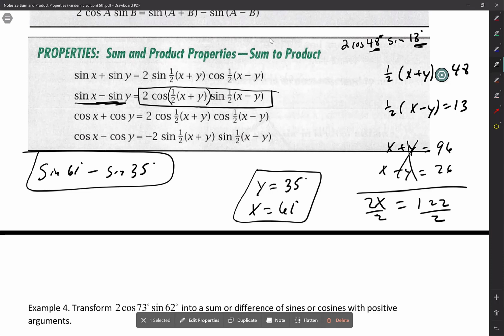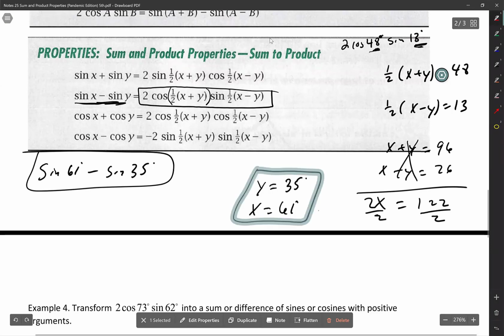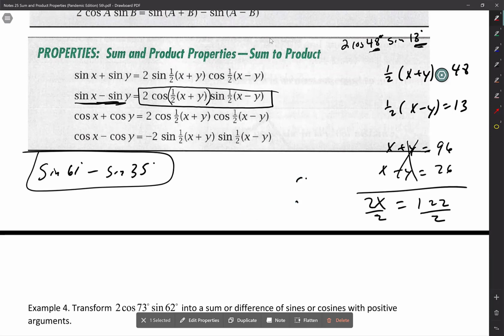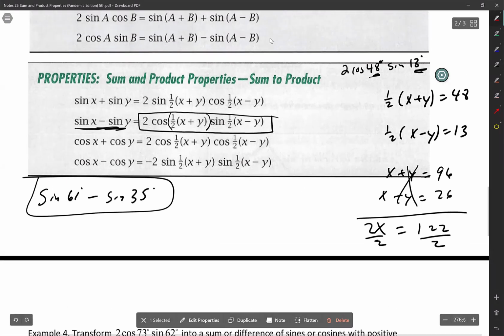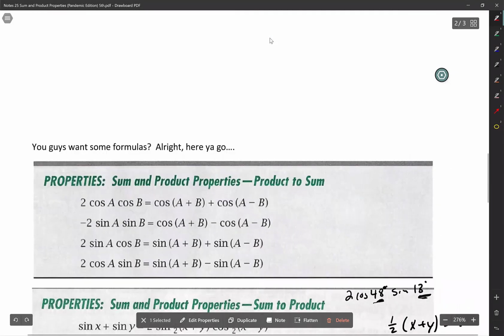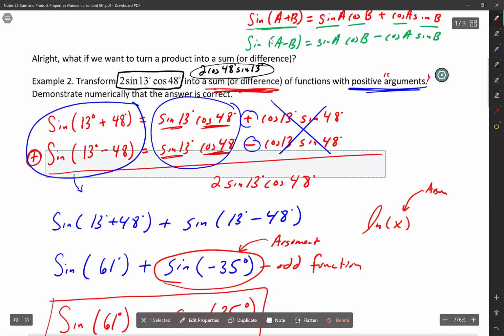Did you guys think that was easier? Nah. I think the way we did it the first time was easier, just by doing sine A plus B plus sine A minus B. You know why you think it's easier? I agree with you. Because we already have a lot of experience with it. Isn't that cool? Guys, the more experience you have, the easier it gets.